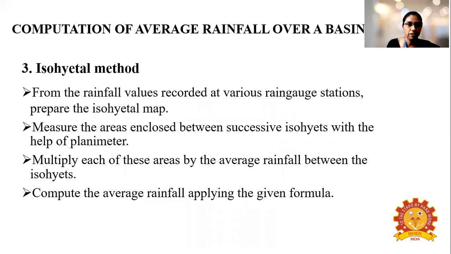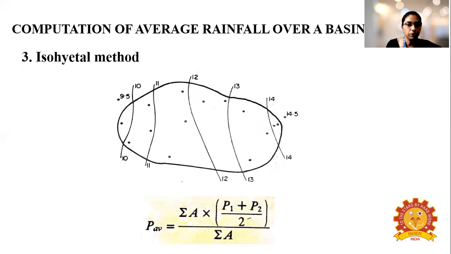So you have to measure the area between the two successive isohyets with the help of a planimeter, and the next step is to multiply all the areas by the average rainfall between the isohyets, and then you can compute the average rainfall using this formula, that is the summation of A into the average of the precipitation, that is P1 plus P2 by 2, that is P1 and P2.